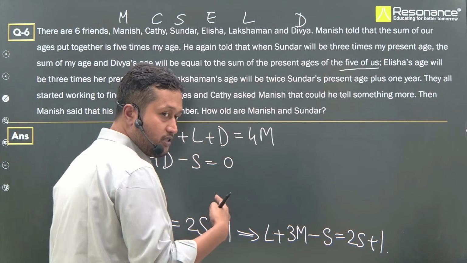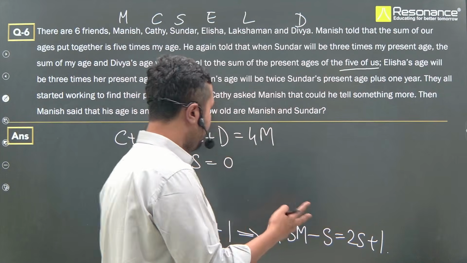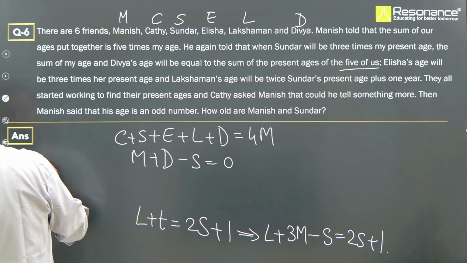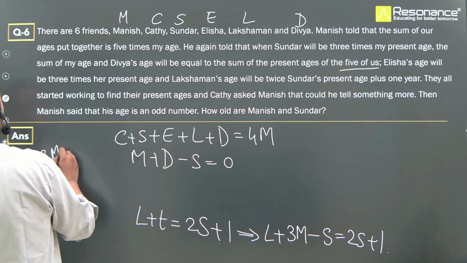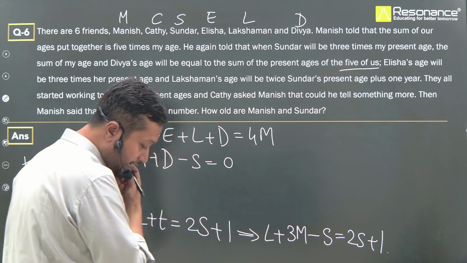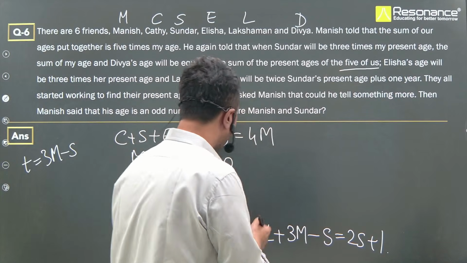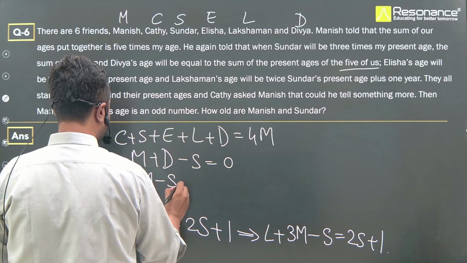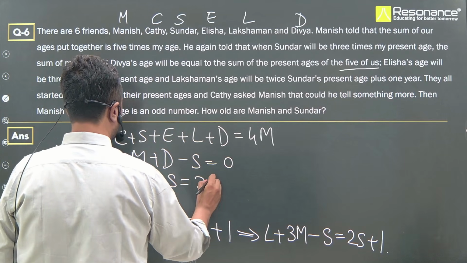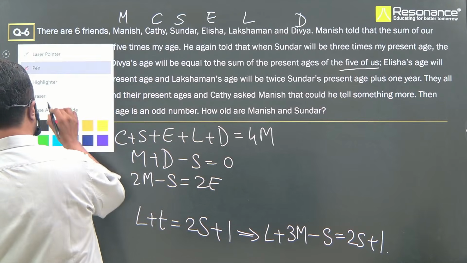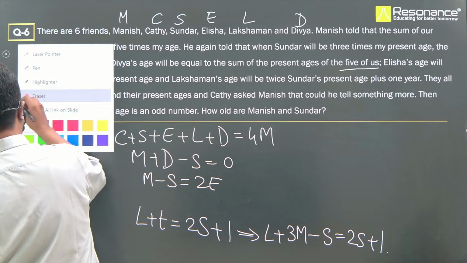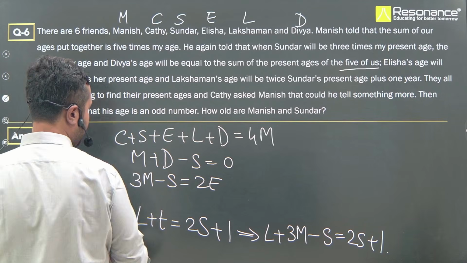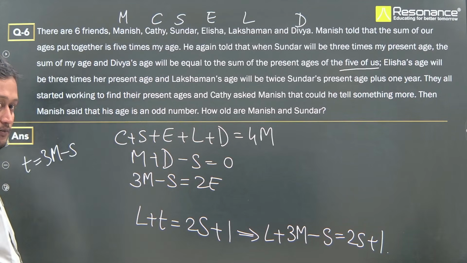So T was 2E, but T itself, by the way, what was T? T itself was 3M minus S. So 3M minus S was equal to 2E. Yeah, already that number's wrong. 3. That's right. That's the next equation.